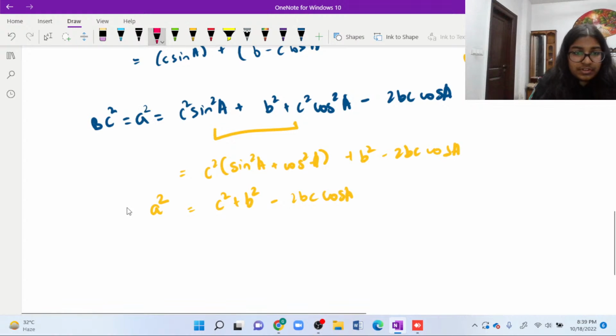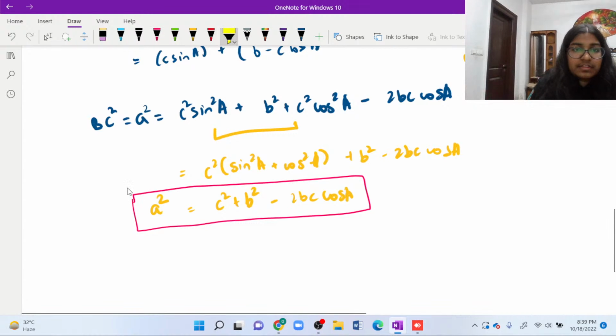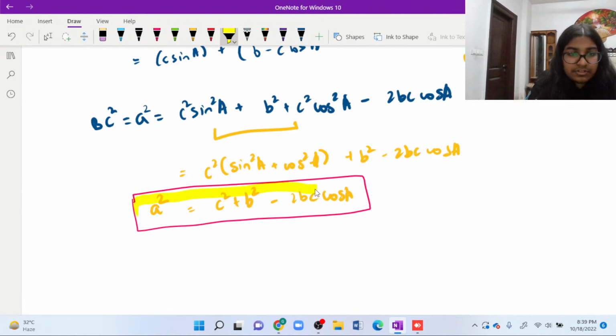So here is the result, and this is called cosine rule. I hope that's clear.